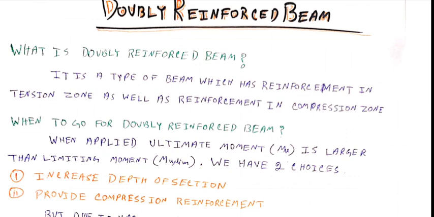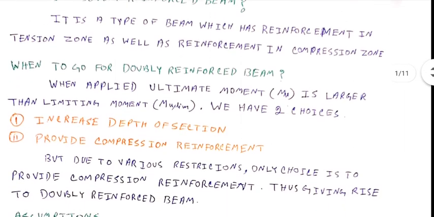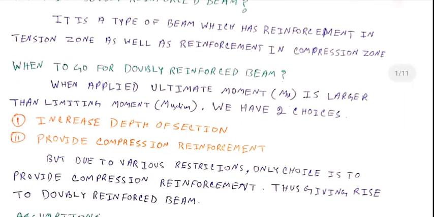When applied ultimate moment Mu is larger than limiting moment Mu lim, we have only two choices, either increase depth of section or provide compression reinforcement. But due to various restrictions, the only choice is to provide compression reinforcement, thus giving rise to a doubly reinforced beam.